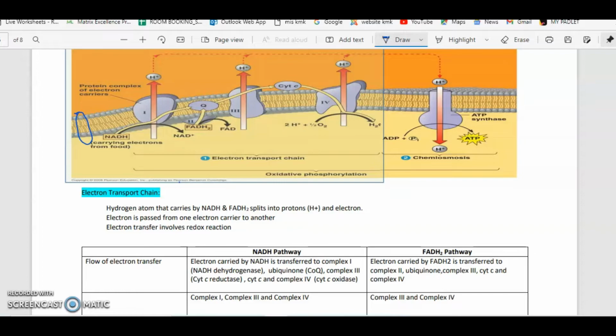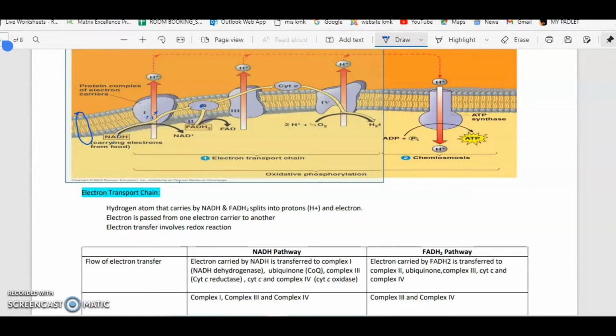After that, when this NADH transfers electron to complex 1, NADH oxidizes, complex 1 reduces. And then complex 1 will transfer its electron to ubiquinone. Okay, nampak kan that flow dia dari 1 terus pergi Q. So, dalam kes ini, complex 1 akan oxidize, ubiquinone akan reduce.